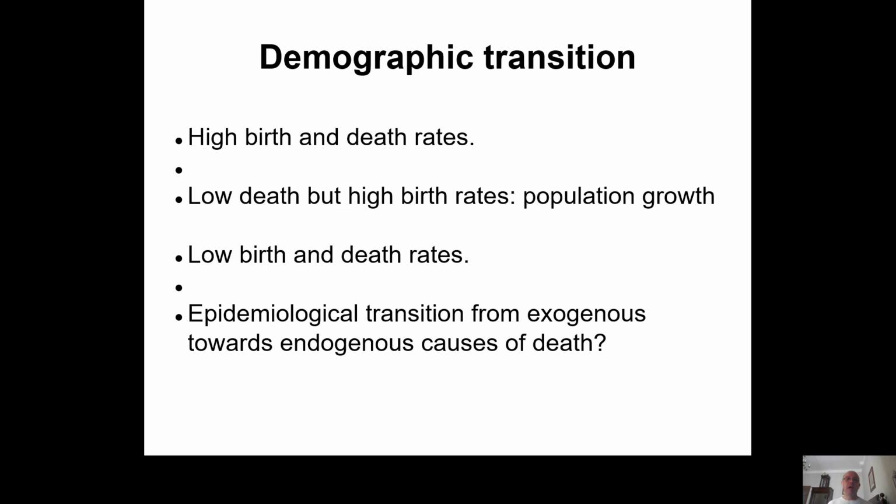It is important to notice that, besides the demographic transition, many countries have also experienced an epidemiological transition, to the extent that most deaths were the consequence of exogenous infectious diseases some centuries ago, but no longer.